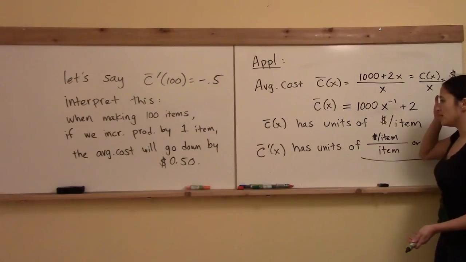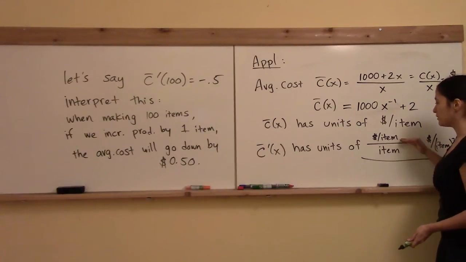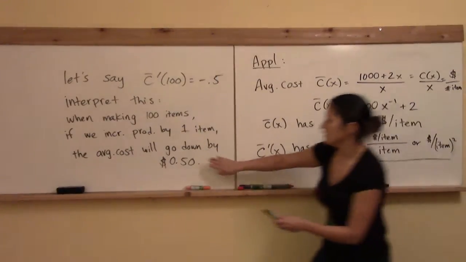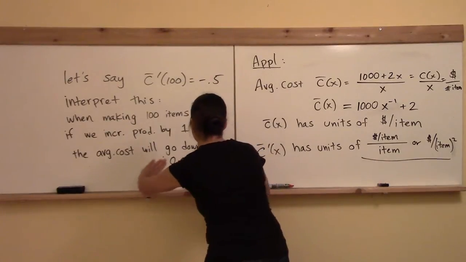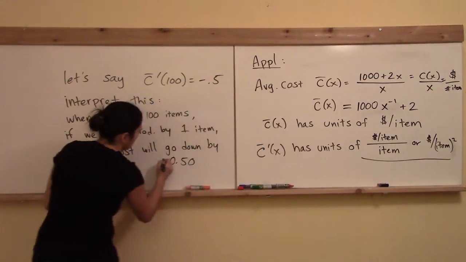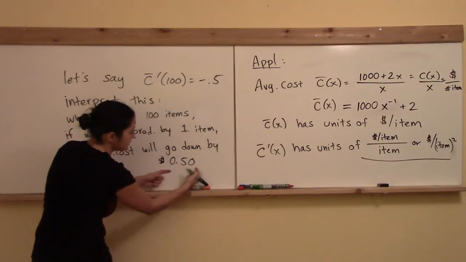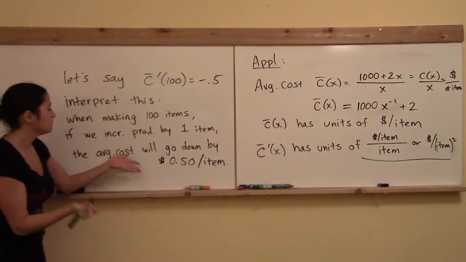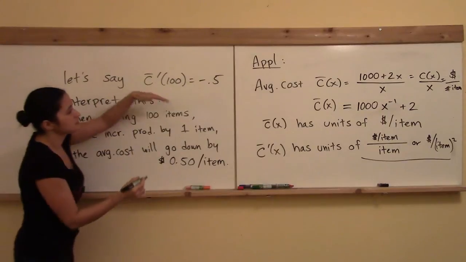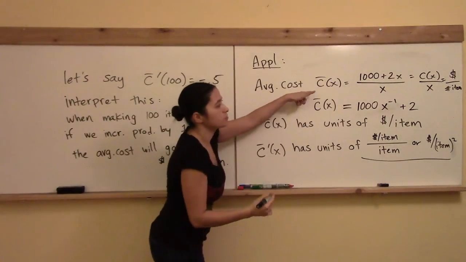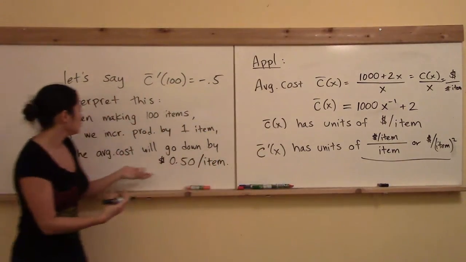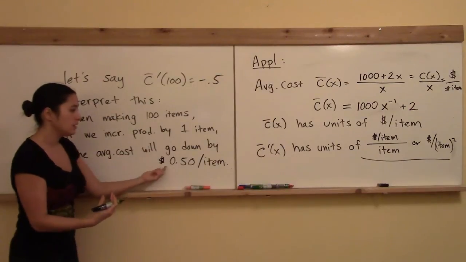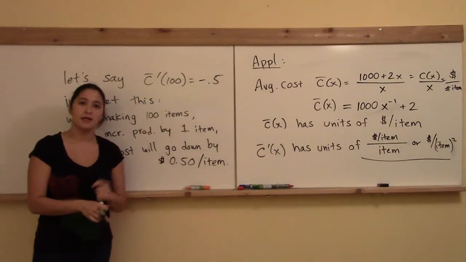And that's why it has the units of dollars per item, because it would go down by 50, sorry, I miswrote that. It would go down by 50 cents per item, right? Because the y value, C bar of x, represents the average cost or the cost per item. So the average cost will go down by 50 cents per item if I keep going.